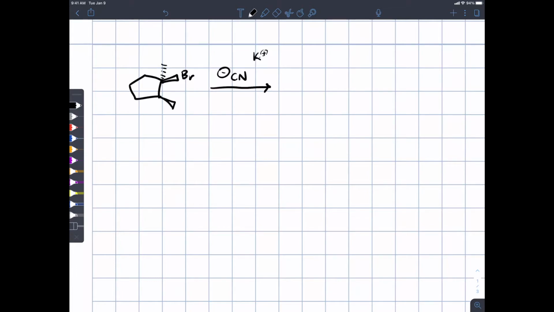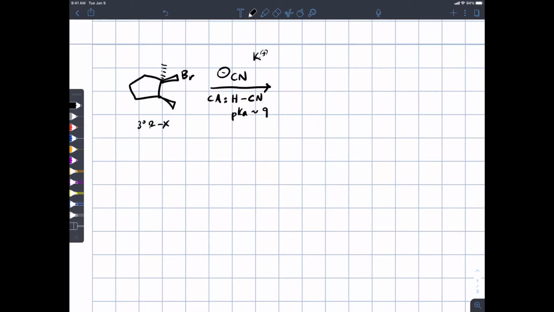Here's the situation: a tertiary alkyl halide and a good nucleophile. CN-'s conjugate acid is HCN, and that has a pKa of around 9. So not quite a good base relative to water.